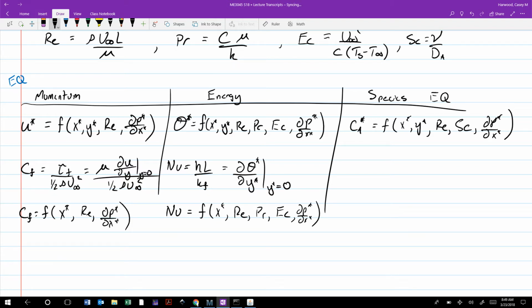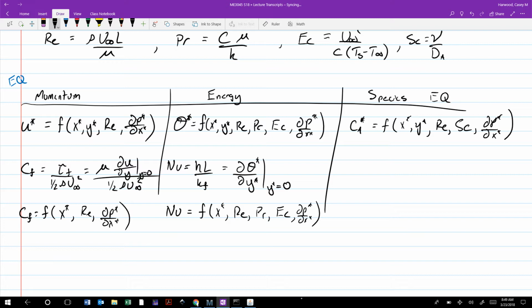And finally, for the species equation, we end up with a similar thing going on. The species equation looks a lot like the energy equation or the Navier-Stokes equations. Once you non-dimensionalize it, it just has some different parameters in there. Namely, instead of the Prandtl number, it's got the Schmidt number, Sc, and we've dropped the Eckert number out of the dependency.